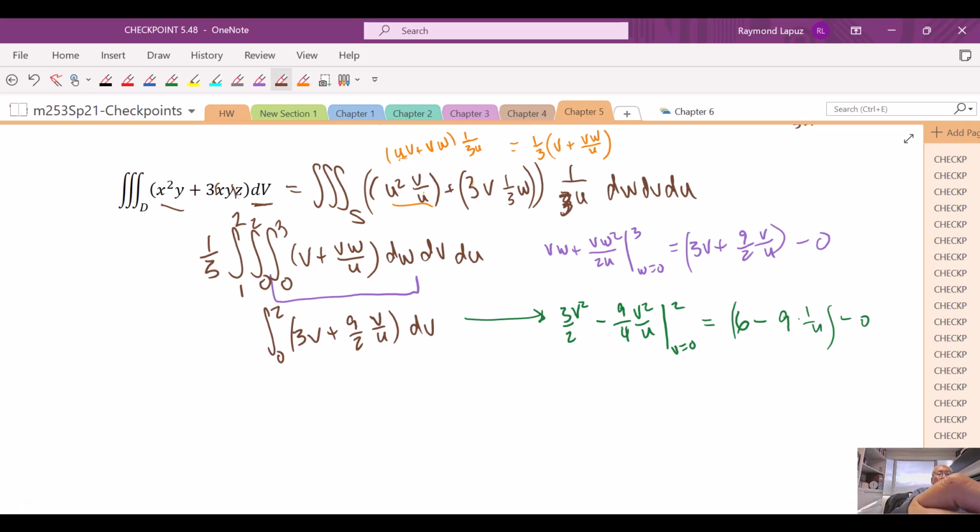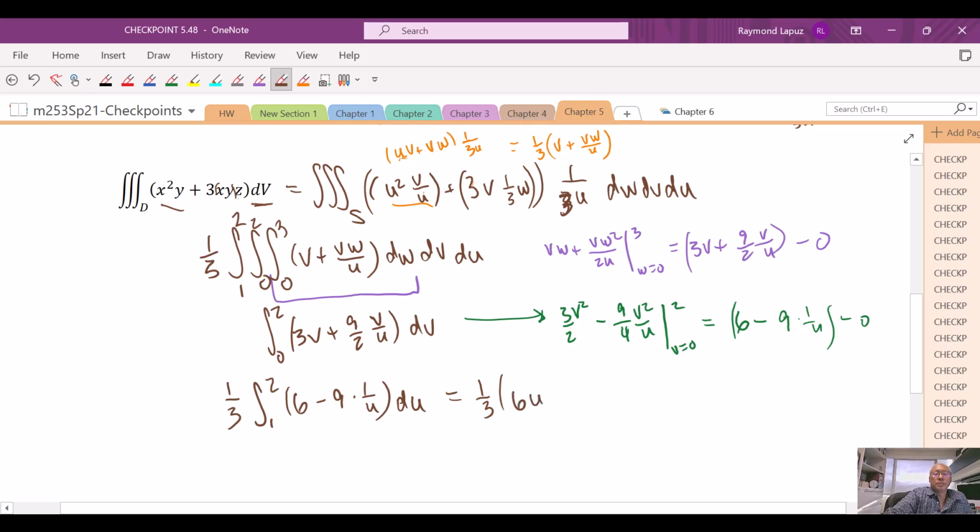And then now we get to the 1/3 integral from 1 to 2 of 6 minus 9 times 1 over u du. So that is going to be 1/3 of 6u minus 9 ln of u, going from 1 to 2.